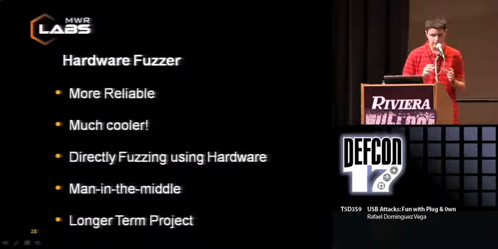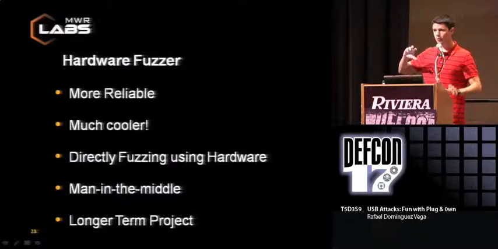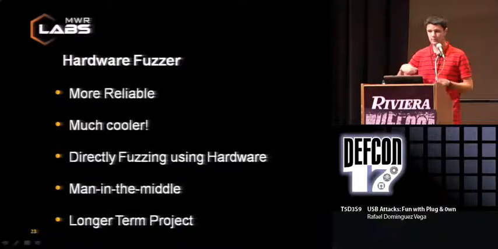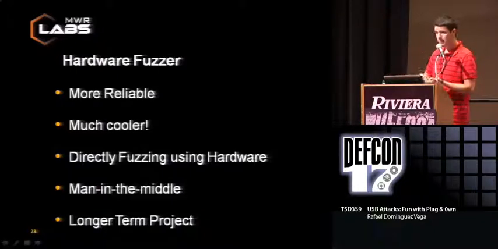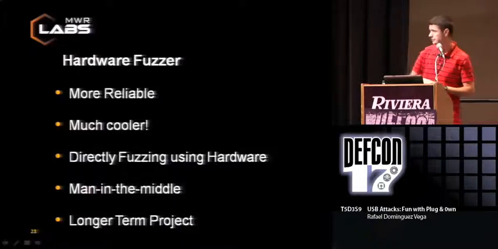But we thought about two approaches. The first would be to have this USB hardware create the fuzzing cases, impersonating specific USB devices or multiple USB devices being plugged into the target system and sending them malformed data.